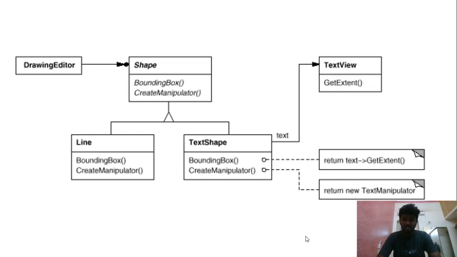Manipulator is an abstract class for objects that know how to animate a shape in response to user input, like dragging the shape to a new location. There are subclasses of manipulator for different shapes. Text manipulator, for example, is the corresponding subclass for text shape. By returning a text manipulator instance, text shape adds the functionality that text view lacks but shape requires.